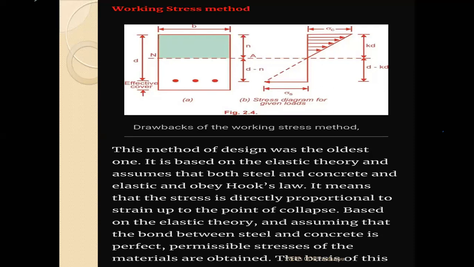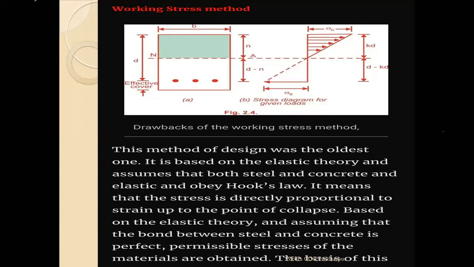If you see this graph, for a particular portion there is a linear variation where Hooke's law is obeyed, but after some point, Hooke's law is not obeyed by the material. But the working stress method entirely assumes that up to the breaking point or collapse, the material obeys Hooke's law. Practically it does not happen. So it leads to larger sections.